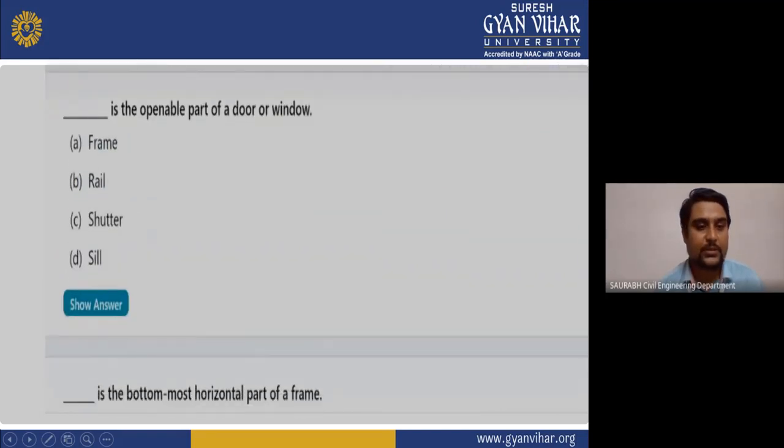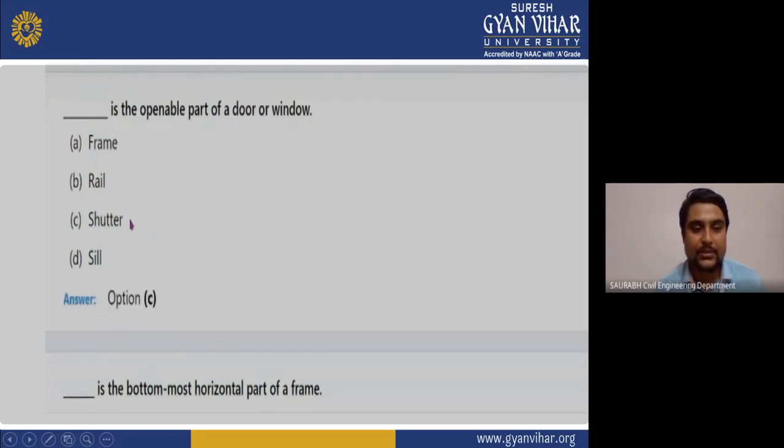Come on the next question. What is the openable part of a door or window frame: rail, shutter, sill, or style? It is asking which is the openable part of your door and window. Here the right answer will be C, shutter is the openable part of the door.